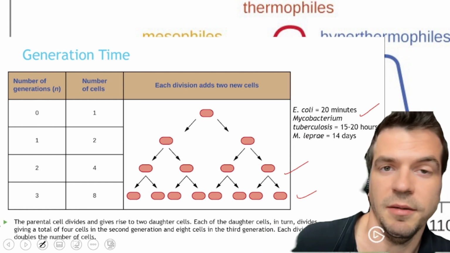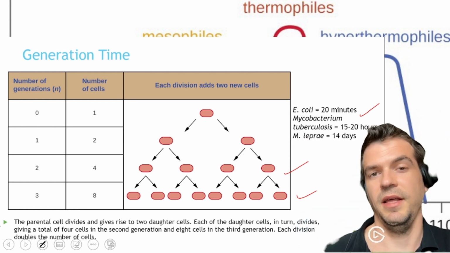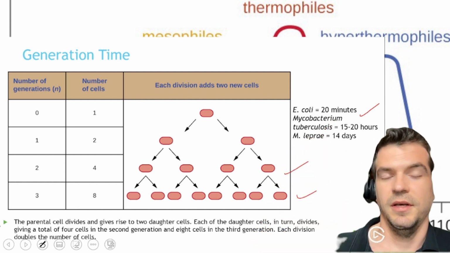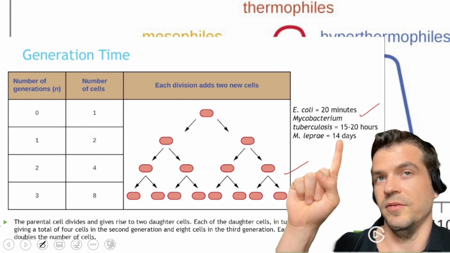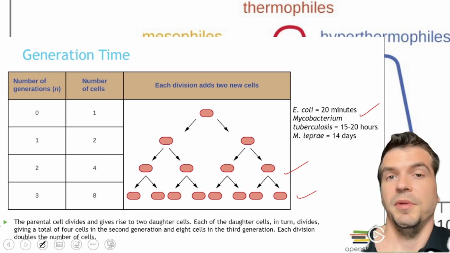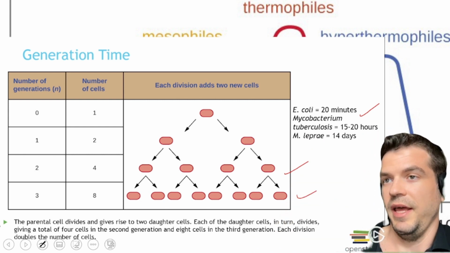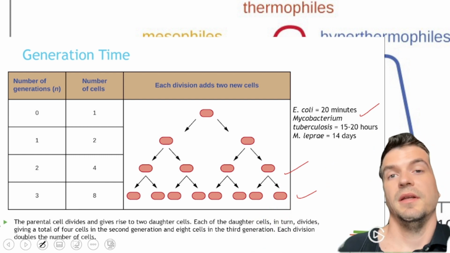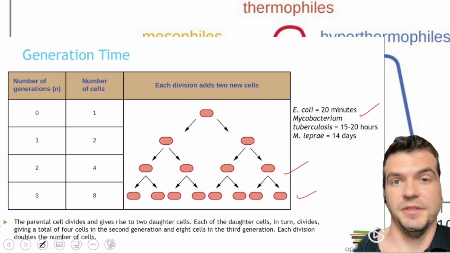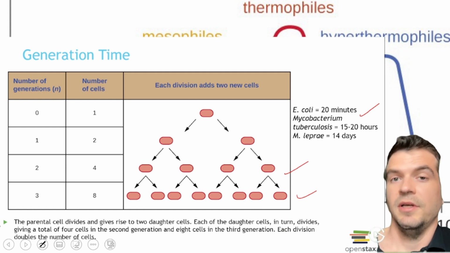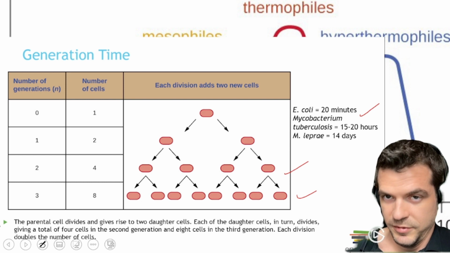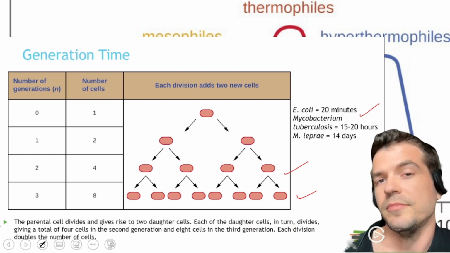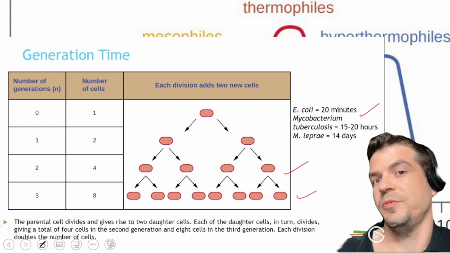Be lucky that we use bacteria that are closer to 20 minutes in microbiology lab than 14 days. But the matter of fact here is that this is only after 3 rounds, and we're already at 8. Next time, we're at 16, 32, 64, 128, 256. You get the idea. It goes pretty quick.